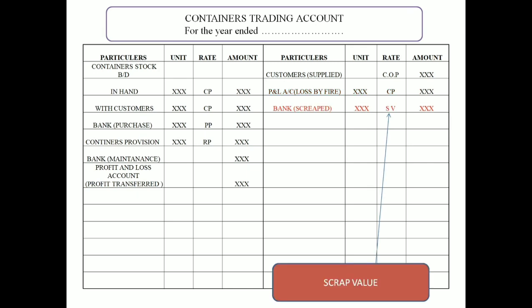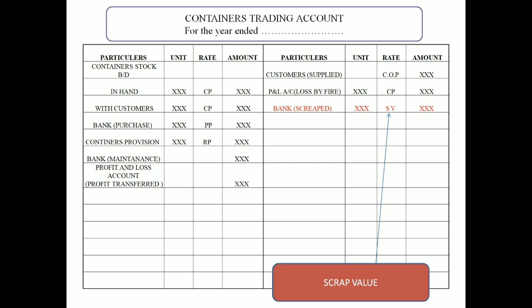Let us see what is the next item. Here, the scrapped items. It is the amount that is realized at the time of scrap of certain items. There is no use, so a scrap value will be there. You can sell the particular item to outside parties, and you will get a certain value that is called a scrap value.